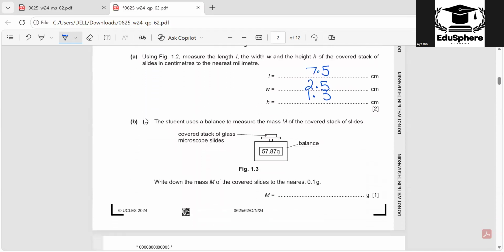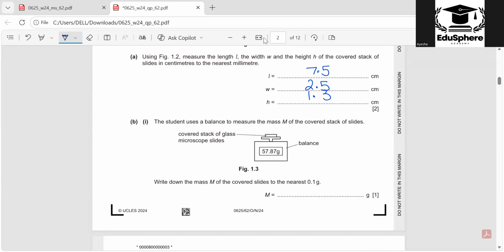Now the student uses a balance to measure the mass of the covered stack of microscope slides, shown here with the balance. Write down the mass of the covered slides to the nearest 0.1 gram. The value is actually 57.87.